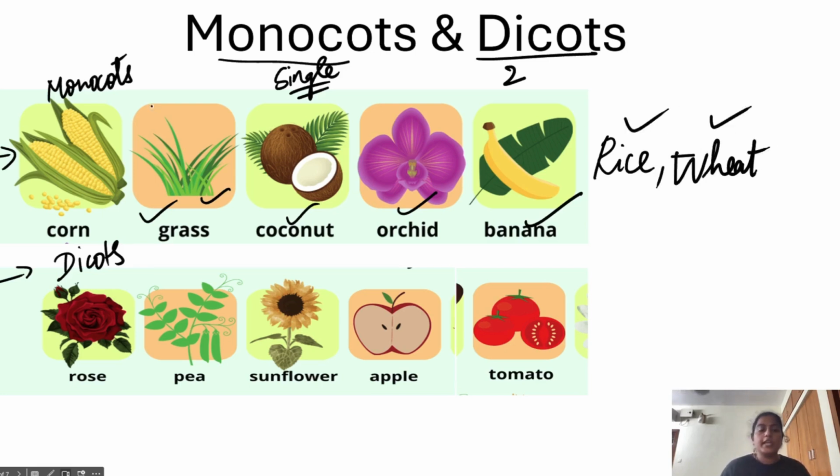So remember rice, wheat, corn and grass or coconut, whichever any one of the remaining four. But I want you to compulsorily remember rice, wheat and corn. Because why am I asking you to remember this? Because these three you will often see them. And you know you cannot break it into two halves, maybe the rice or the wheat or the corn. So remember these three compulsorily.